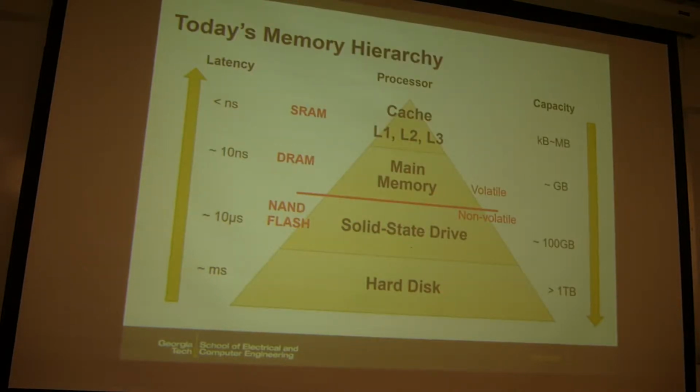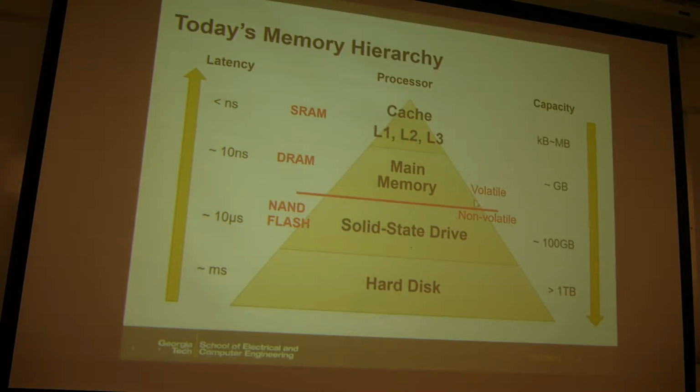Okay, so this is a recap of the memory hierarchy we have learned before. And you know we have different technologies serving at different levels in this hierarchy. And due to the trade-off between the latency and capacity, the different memories serve different levels. And there is a boundary here between the main memory DRAM and the flash-based SSD.